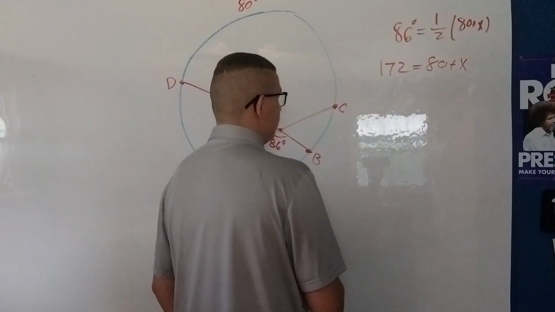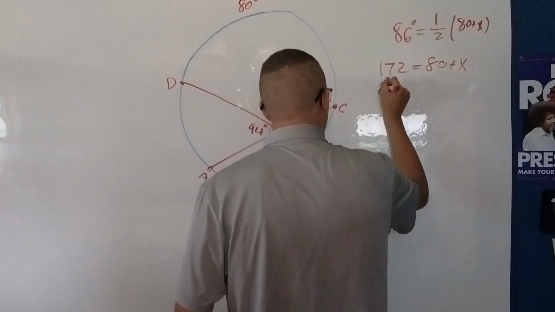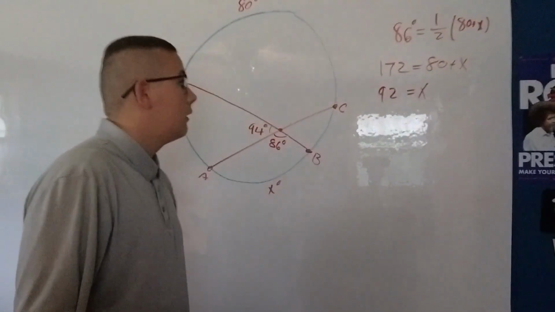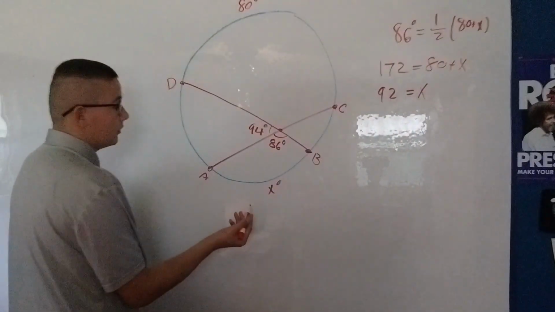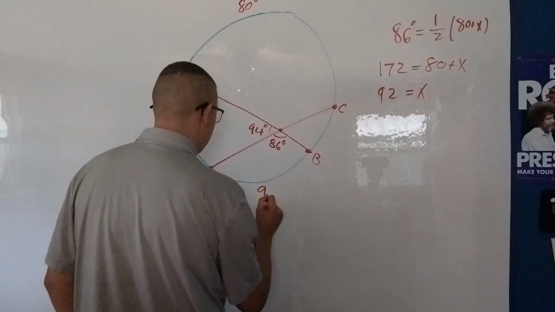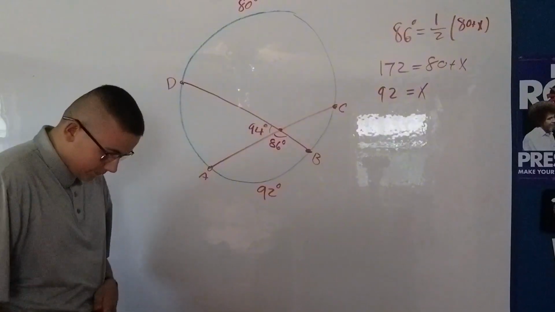We subtract 80 and you get 92. 92 equals X, and that would be your answer. Instead of X, 92 degrees, like that. And that's your answer for this one.